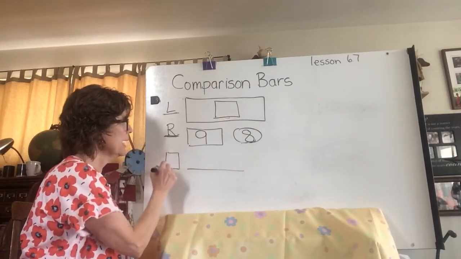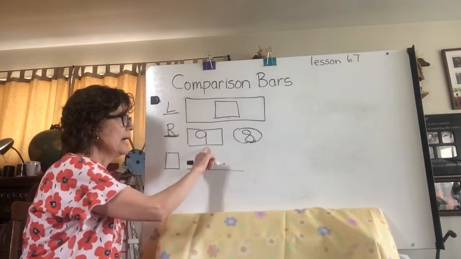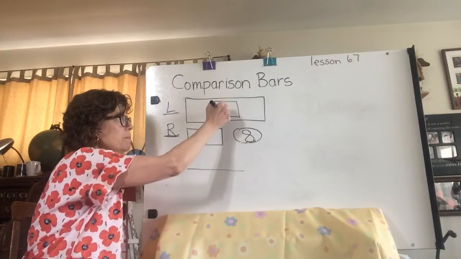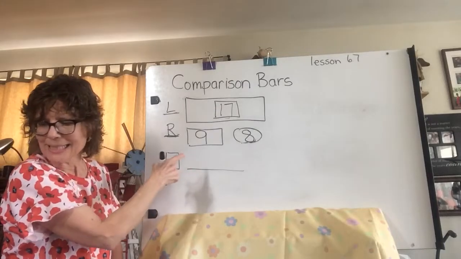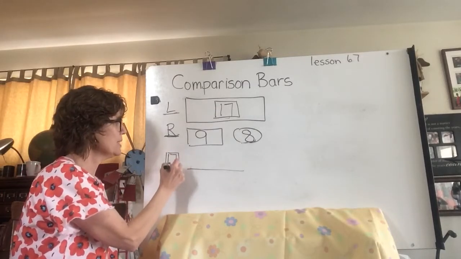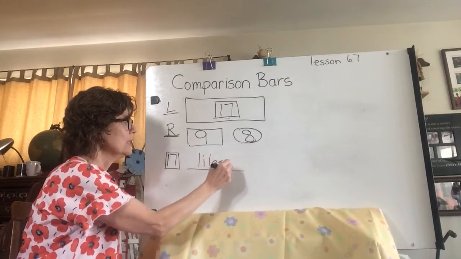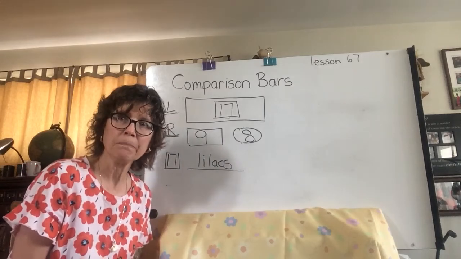Let's think about that. We could do a double fact. 9 plus 9 is 18. Take 1 away, 17. And you would label it just 17 lilacs. Not more, not less.